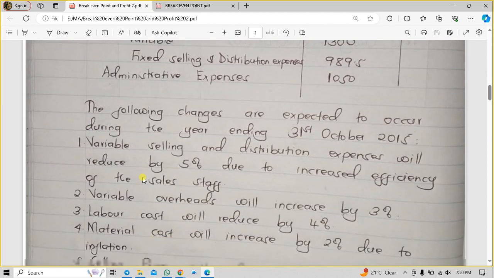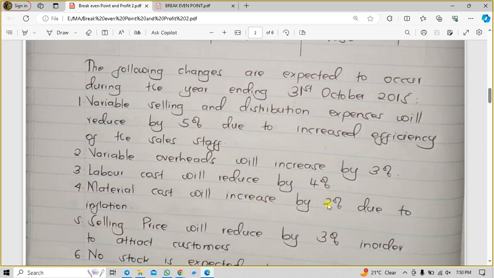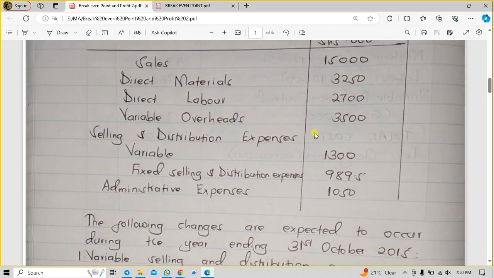So you just come here: material cost will increase by 2%. When material costs increase by 2%, we are just going to multiply the material cost that is here times 102%. So for an increase of 2%, we add that increase to 100%. So you want to know at 102% what is the material cost.